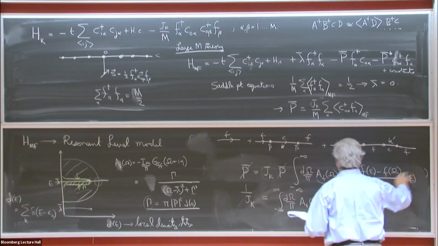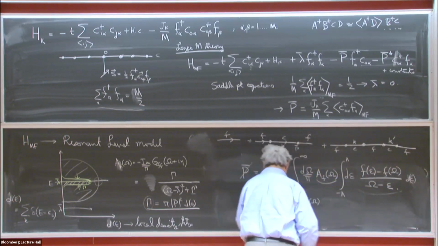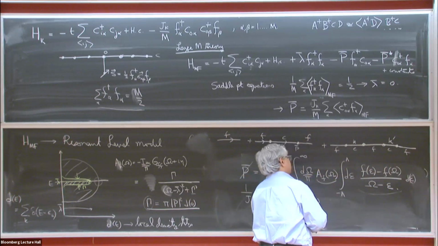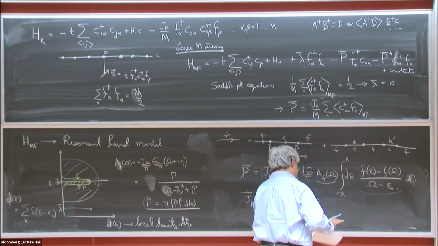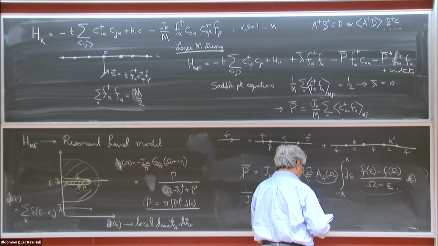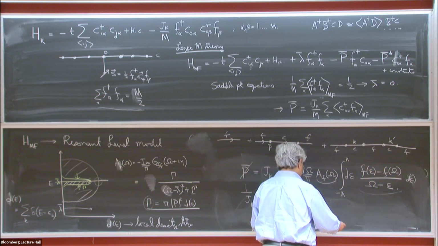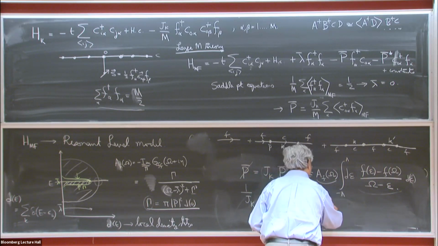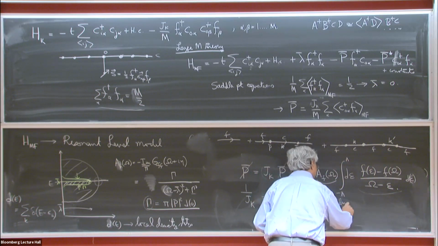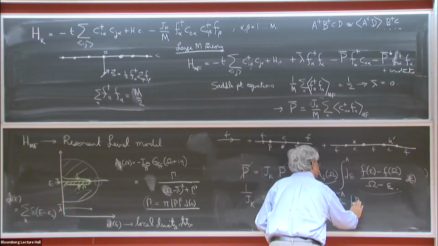It doesn't involve P bar. The P bar is only in here. And then that turns out to have a log divergence, which is the key to everything at 0 temperature. That turns out to be the density of states at 0 times the log of mod lambda over omega.